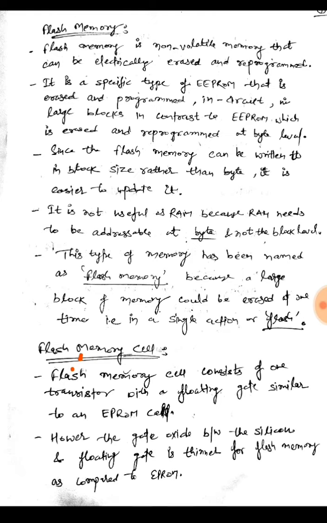So let's see flash memory cells. A flash memory cell consists of one transistor with a floating gate, similar to an electrically erasable programmable read-only memory cell. However, the gate oxide, which is used as an insulator between the gate and the silicon layer, is thinner for flash memory as compared to the EEPROM.